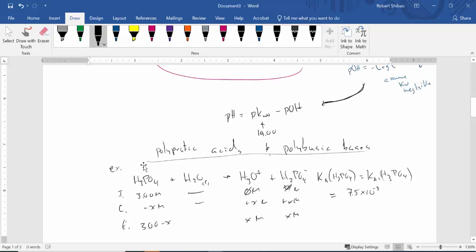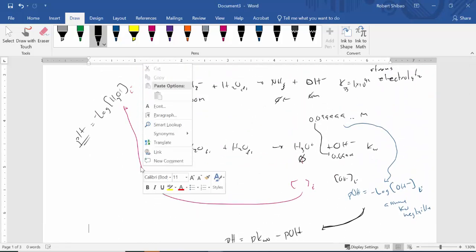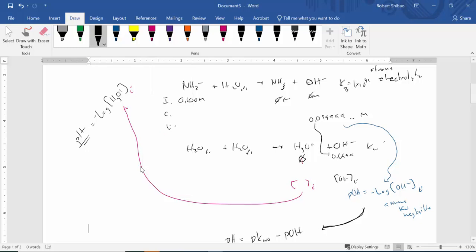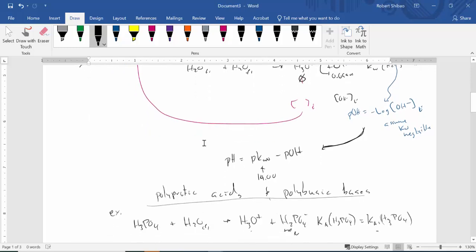I'll write that here. Kw for water is the same because water plus water makes hydronium, that's Ka, and water plus water makes hydroxide, that's Kb. So Kw for water is the Ka for water and the Kb for water. It's the same thing. And so when you look at the Ka value for water, it's 10 to the minus 14, which is the same as Kw.